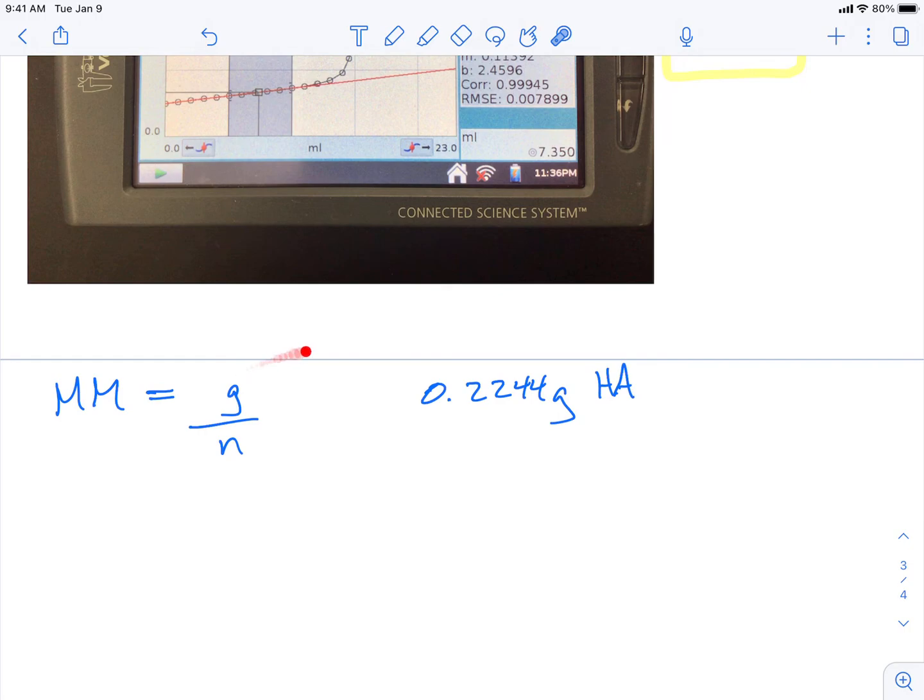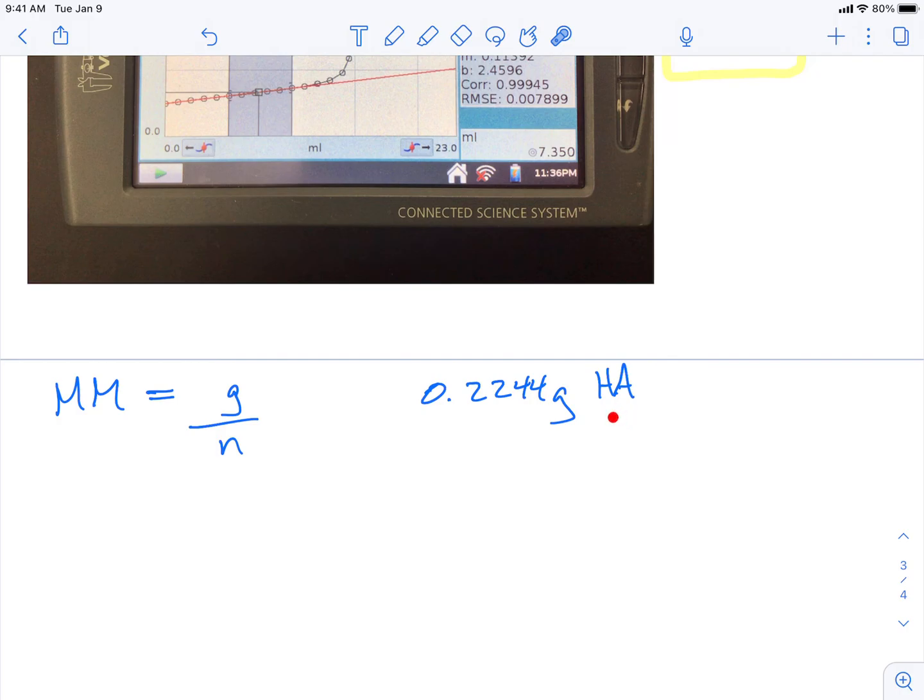You know the mass, which is how much we started with. You need to figure out how many moles of your weak acid were originally present. And that isn't something that you can measure directly, because in theory you don't know the identity of your weak acid. But what we do know is that the weak acid reacts in a 1-to-1 ratio with the sodium hydroxide.